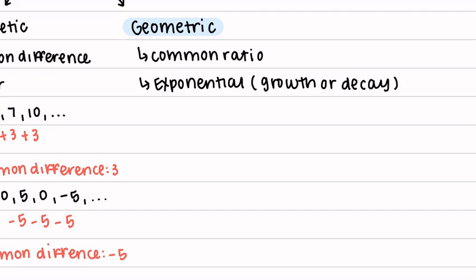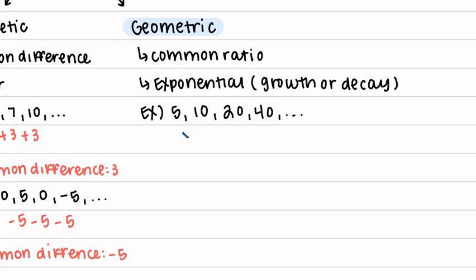So examples of geometric sequences would be something like 5, 10, 20, 40, and so on. So even if you did not know what a geometric sequence is, by looking at this sequence of numbers, could you tell what we're talking about when we say it has a common ratio?